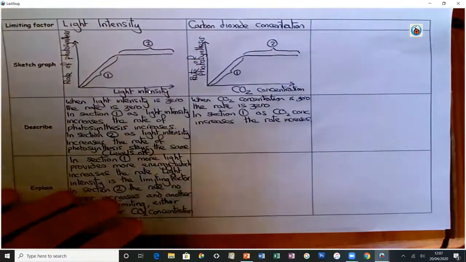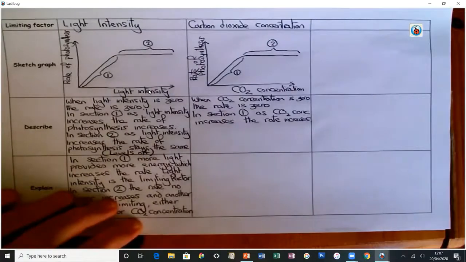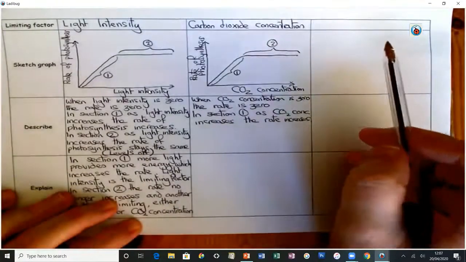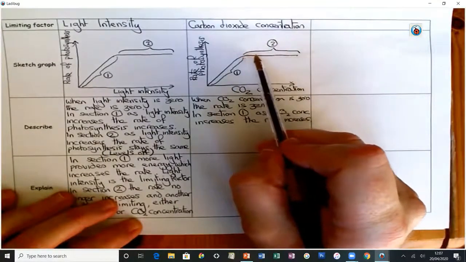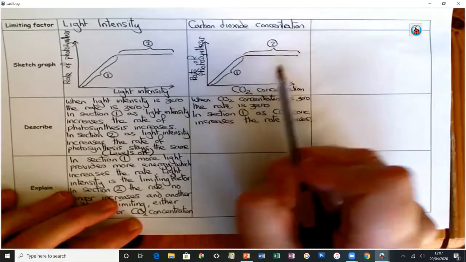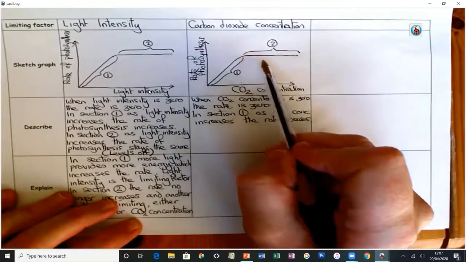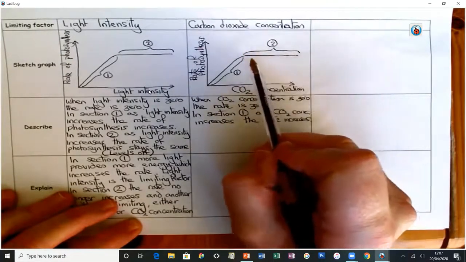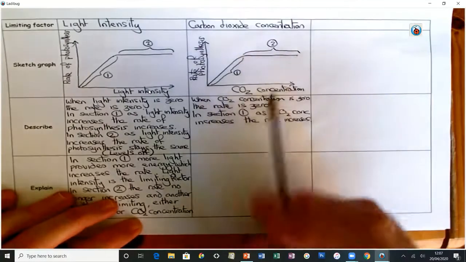Okay, and then in section 2, as the carbon dioxide concentration increases, the rate of photosynthesis stays the same or levels off.